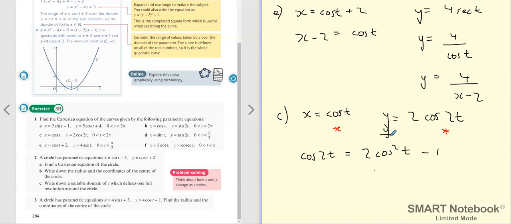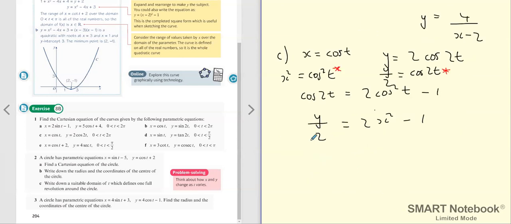If I do y over 2, I get cos 2t. So I can replace the left-hand side of this identity with y over 2. And then I've got 2 cos squared, 2 is a constant, cos squared t. If x equals cos t, cos squared t is going to be equal to x squared. So we get 2x squared minus 1.